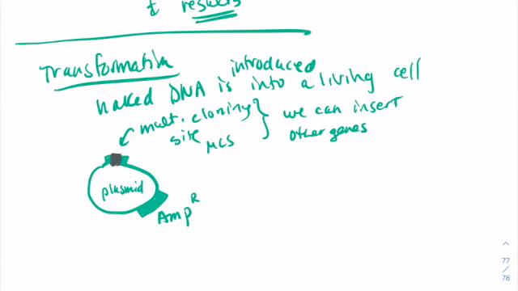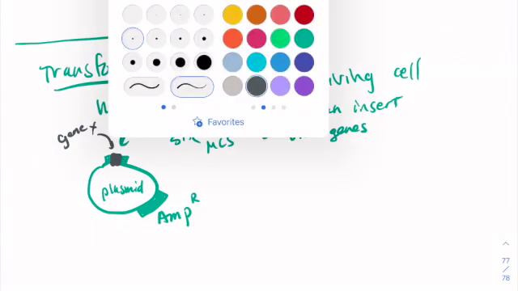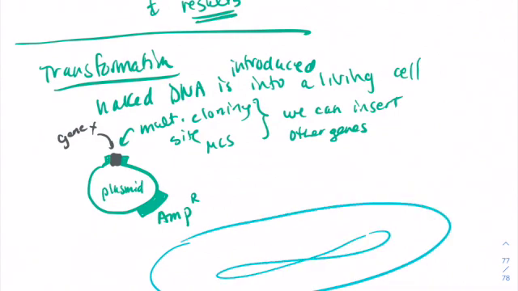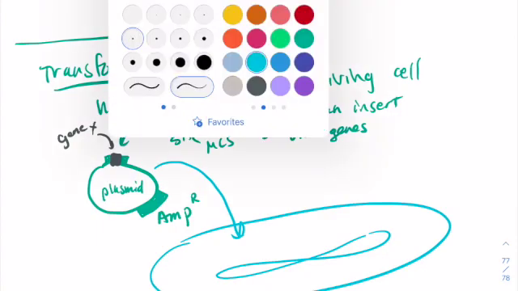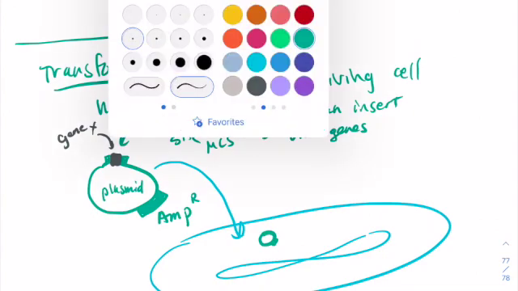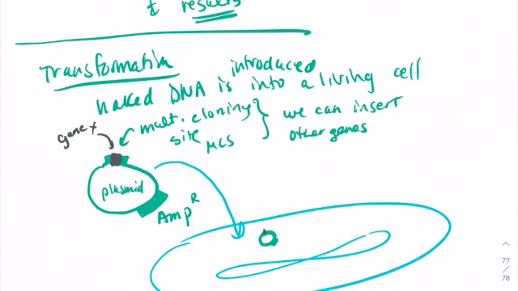So here, this little black piece in there, that's our gene X. We can, in the laboratory, have an E. coli cell, and we can introduce our plasmid and get it to take up that piece of DNA with our gene X.